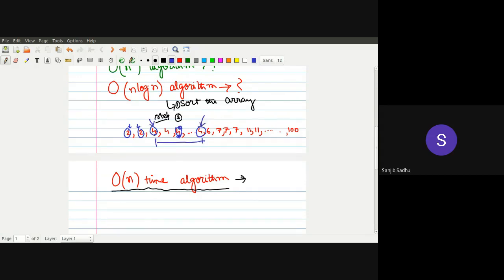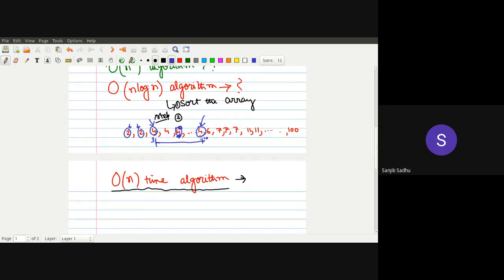First 4 I know, and you search for the other position of 4 using binary search, which you need to modify. So in log n time you can find the other 4, and then the difference between these two indexes. Suppose the array index is 10 and the other is 3. So 10 minus 3 plus 1, these many 4s are there. In this way, you compute the frequency of all the elements.